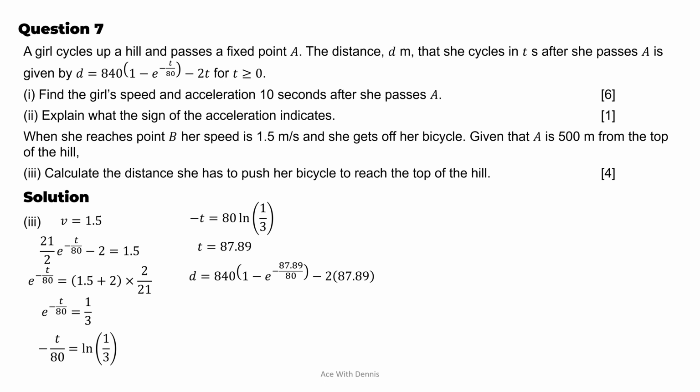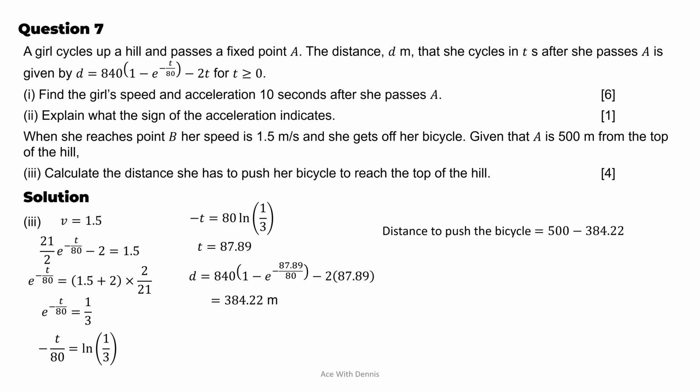So the next thing we can do is we calculate the distance traveled, which is 840 times 1 minus e to the power of negative 87.89 over 80, minus 2 times 87.89. The value will be 384.22 meters.